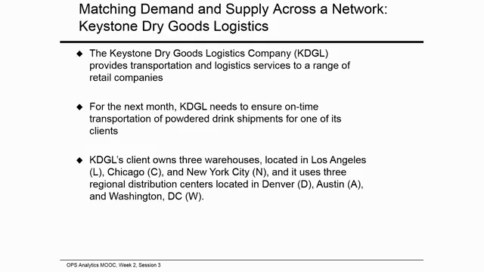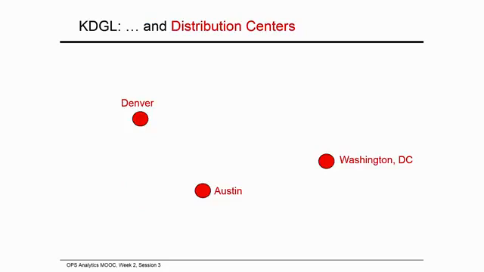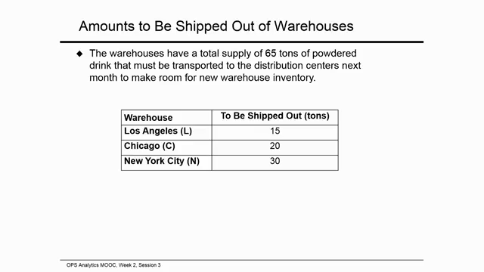The network of locations that the client owns includes 3 warehouses and 3 distribution centers. Here are the warehouses, here are the distribution centers, so this is the complete network. From each warehouse, Keystone must transport out a certain amount of powdered drink.